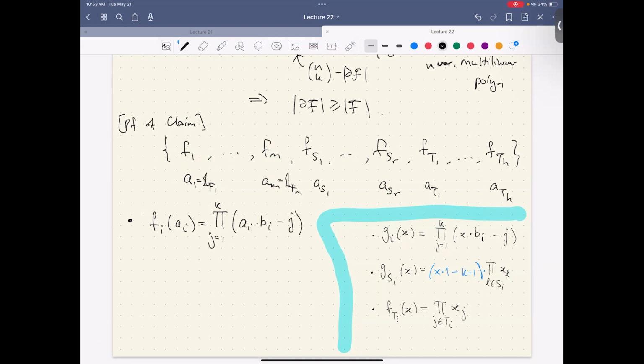But remember, this is the characteristic vector of Fi, and this is its complement. That means these two are orthogonal to each other. So Ai dot Bi is 0, meaning that this equals (-1)^k times k factorial, which is non-zero. Good. Diagonal term non-zero.